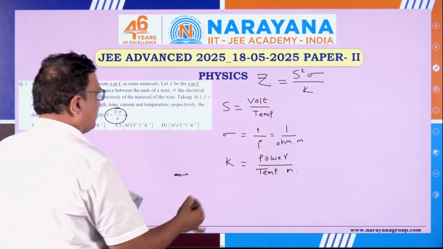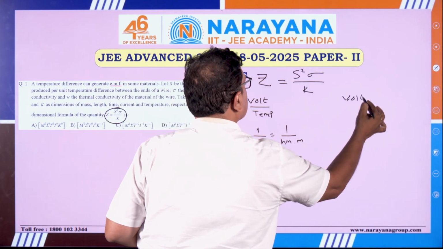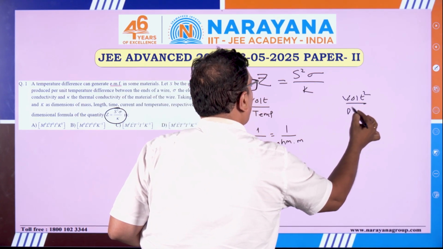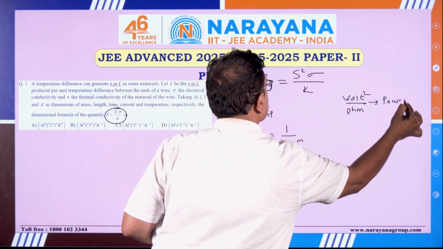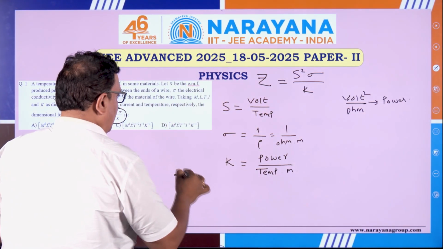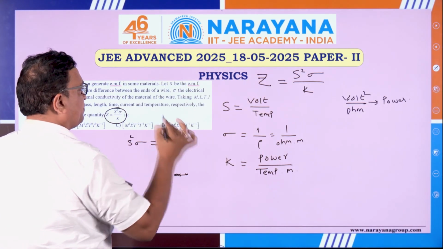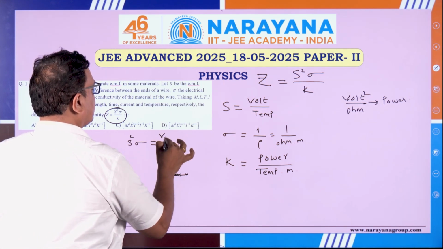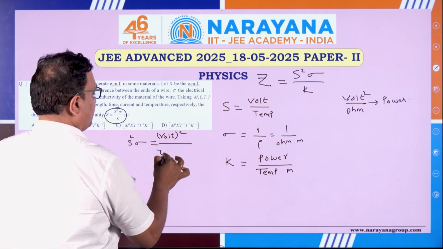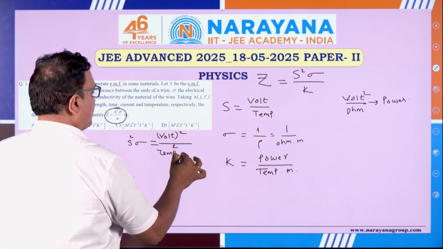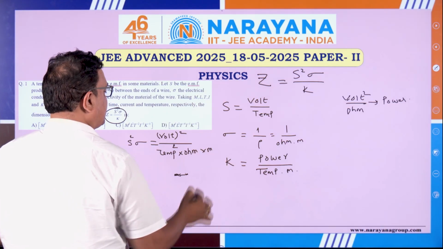Remember, wherever I have volt squared by ohm, this can also be taken as power. Don't forget that. Now, let me work on S squared sigma. S squared sigma is volt squared divided by temperature squared, ohm meter.